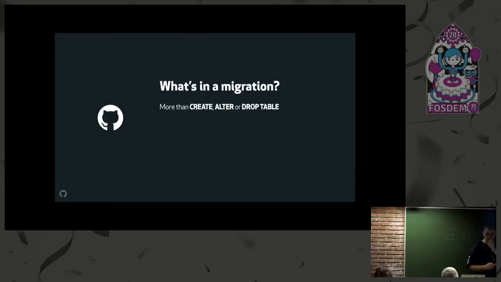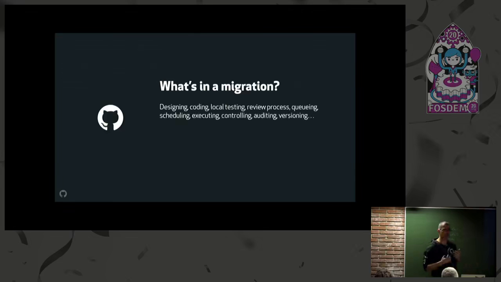OK. So I'd like to break down how I perceive schema migrations to be in a well-controlled, audited, safe, reproducible, debuggable fashion, which is the way that we do it.